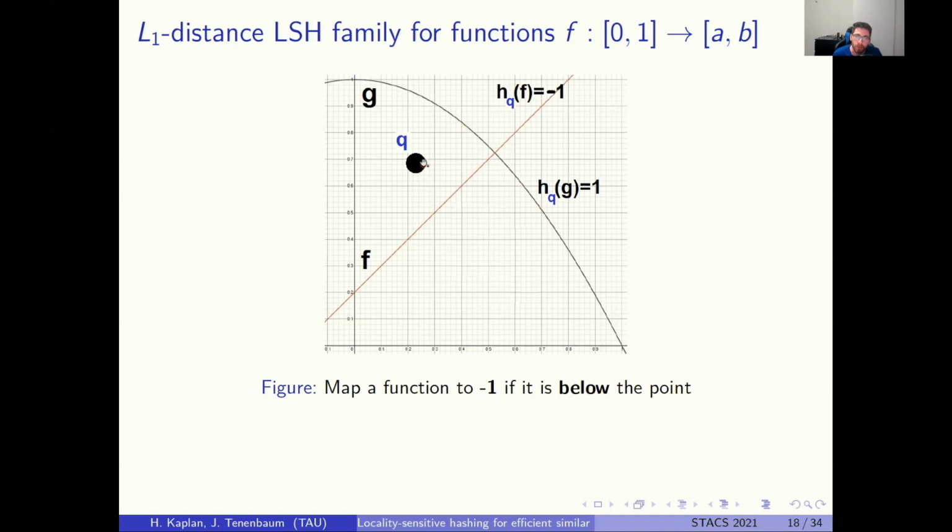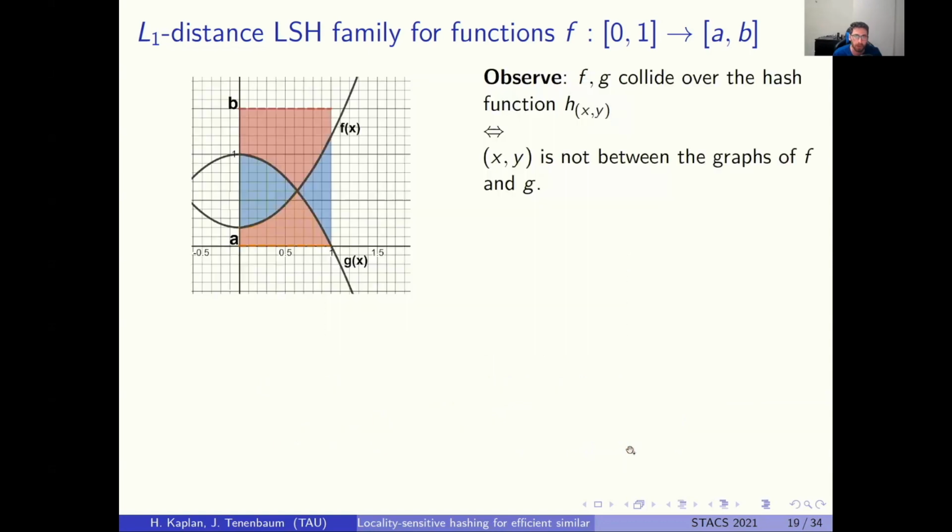Here f is below q, so it's mapped to -1, and g is above q, so it's mapped to 1. Our hash family is all such hash functions defined by a random point in the rectangle which contains the graphs of the functions. That is a point which is uniform in the rectangle [0, 1] by [A, B].